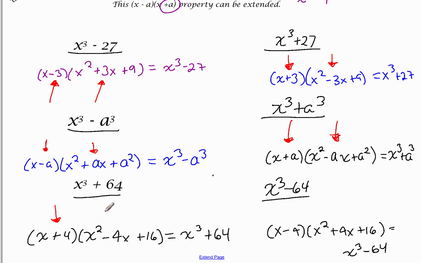Start with the positive, so I should have a negative in the middle, and it should be almost the exact same factor as here. Except x minus 4 means all of these are positive, but I basically have the same thing, just one sign is changed. So figuring out how to factor a difference of perfect cubes or a sum of perfect cubes is really pretty easy.